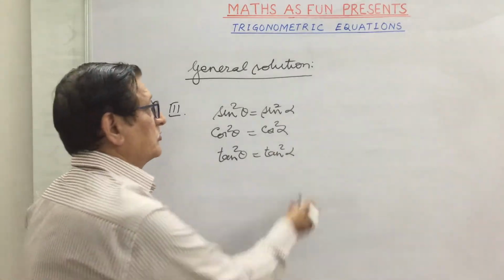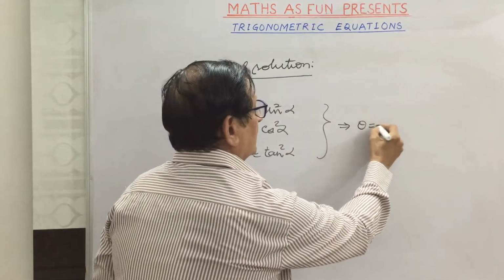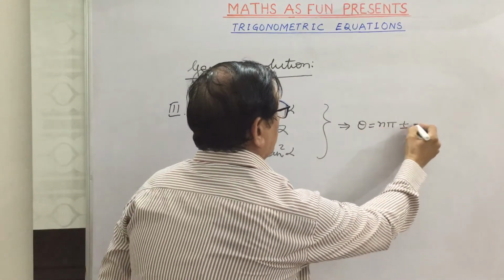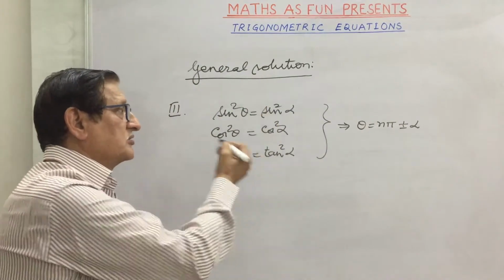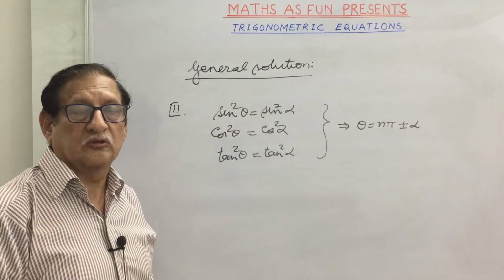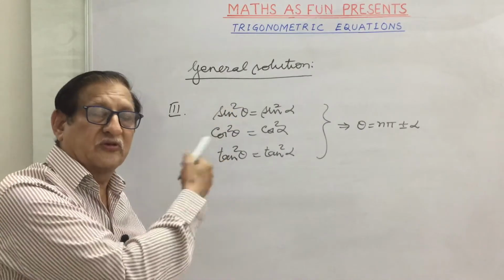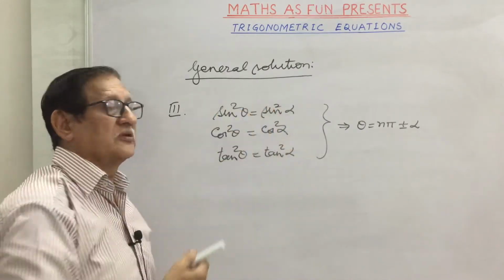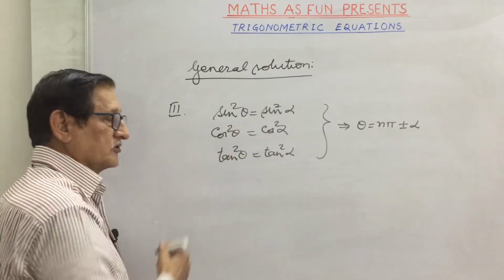Then the easy way to have the solution of all these three is theta equal to n pi plus minus alpha. So if we categorize all the general solutions like this, we can see what type of equation it is, and then we can remember the formula and that can be directly applied. Let's see the example for this also.